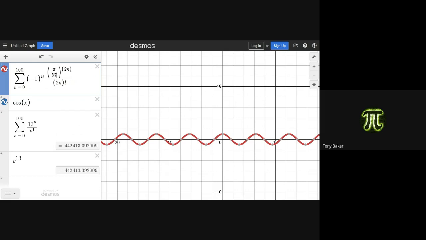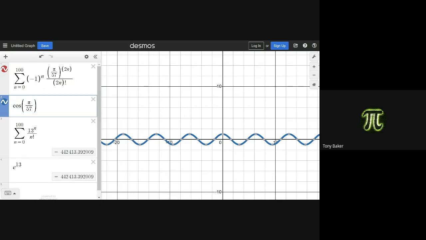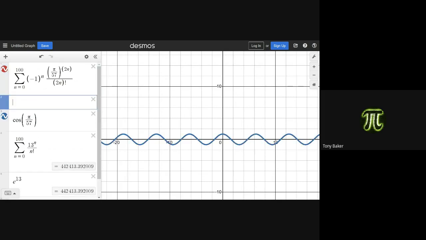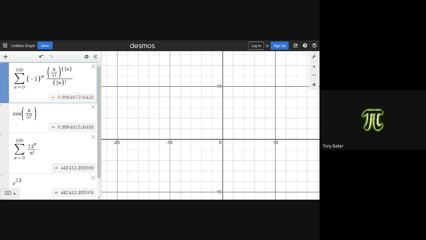Pi over 57, did I say? There we go. So the concept that we were looking at before with the power series is designed in a way that helps us figure out all these ones that aren't necessarily the easiest ones to calculate.